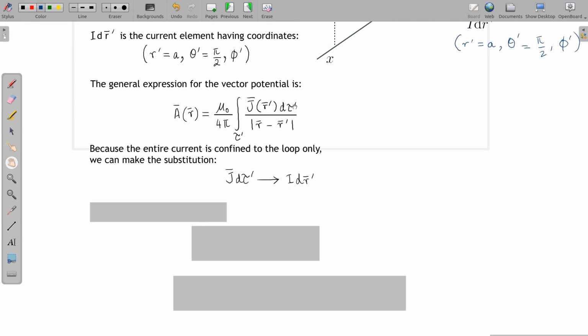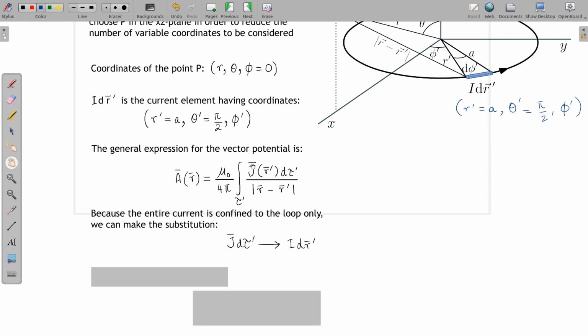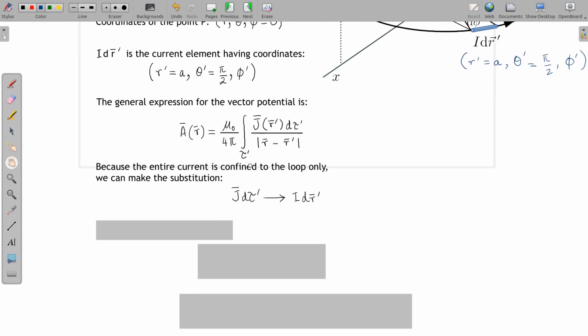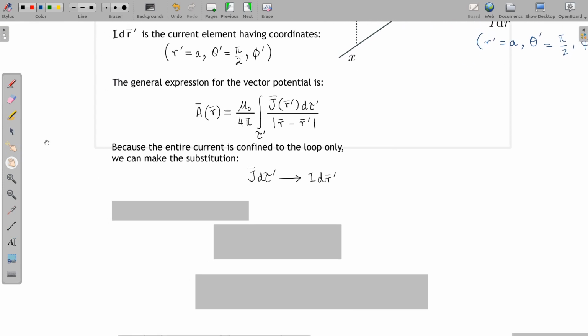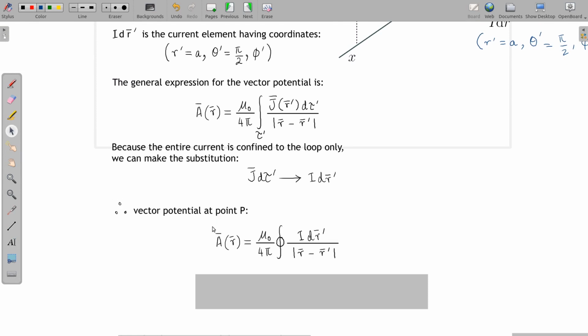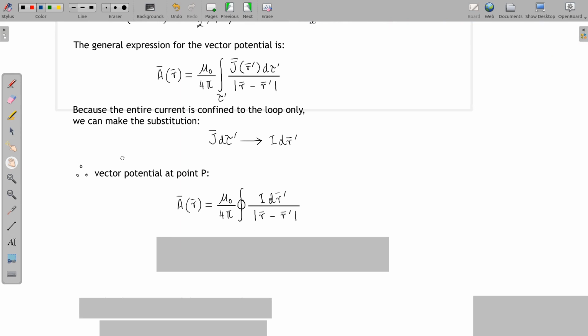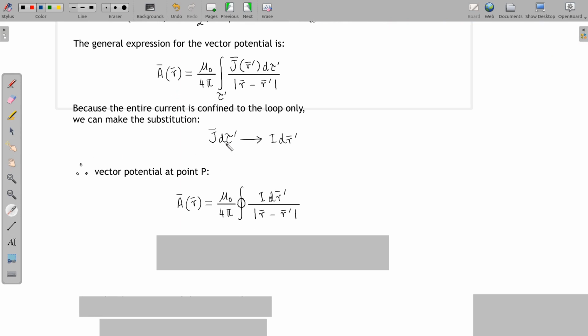Okay, so we make this substitution in the expression for the vector potential. So this gives us the vector potential at point P to be equal to this. So what are the changes that we have made? So mu naught by 4 pi as it is. The integral, it was a volume integral.